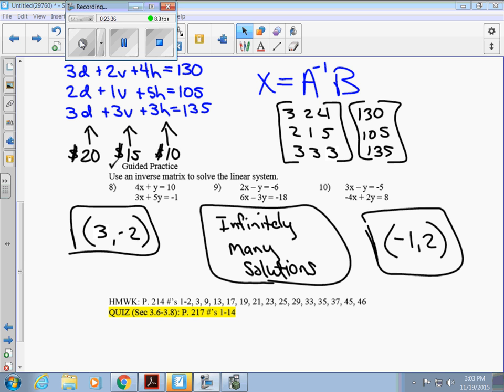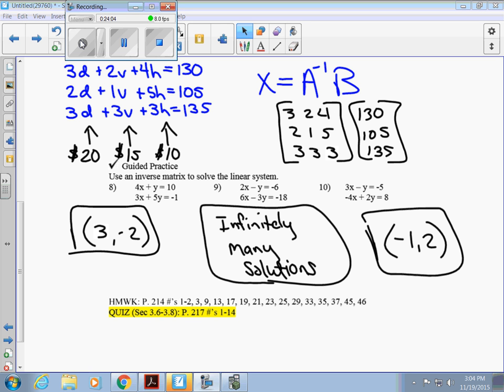Then we used that to enter stuff into our calculators to solve systems of equations using inverse matrices. So far in this chapter, we've talked about 5 ways to solve systems of equations: graphing, substitution, elimination, Cramer's rule, and now inverse matrices. So here is your homework assignment for page 214, and this is for section 3.8.